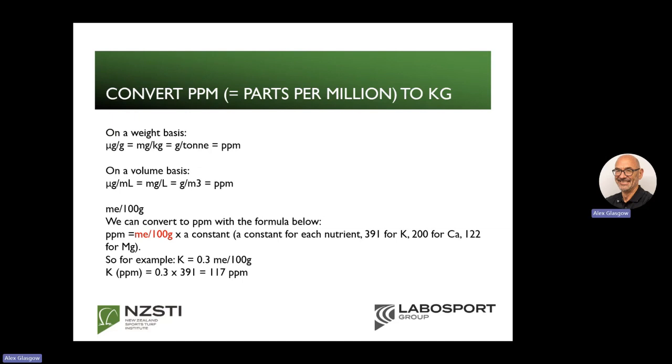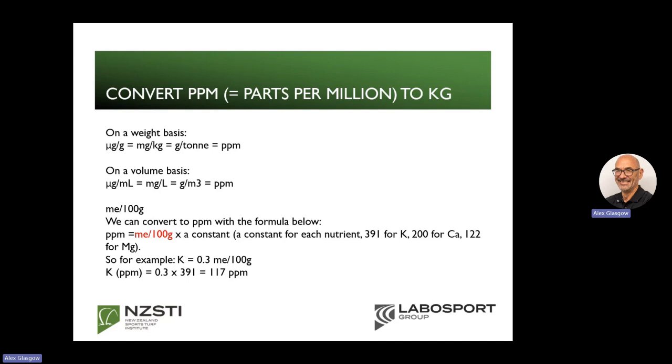Okay, so a little bit of a recap here. Parts per million. We're interested in parts per million because we can convert those into kilograms relatively easily. And the recap here is that you will see soil test results for individual nutrients with quite a range of different nutrients.